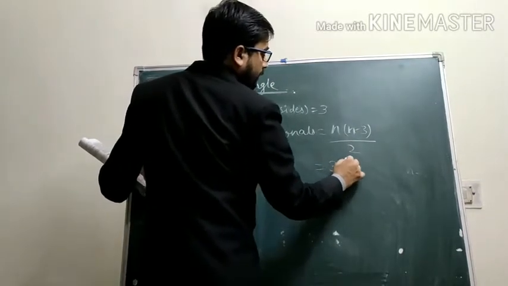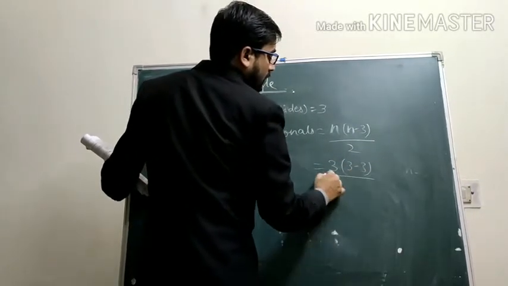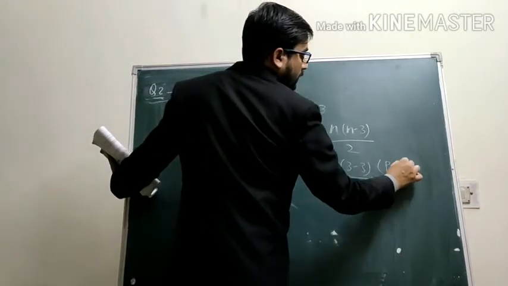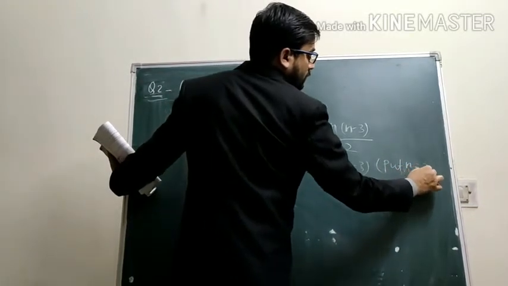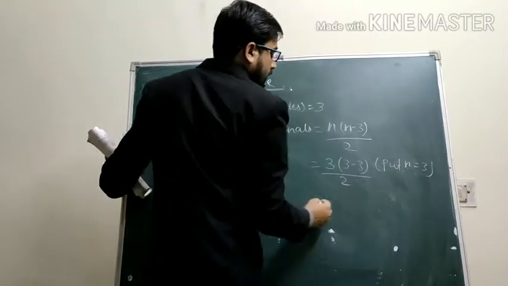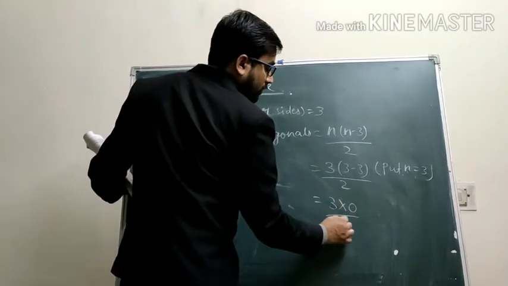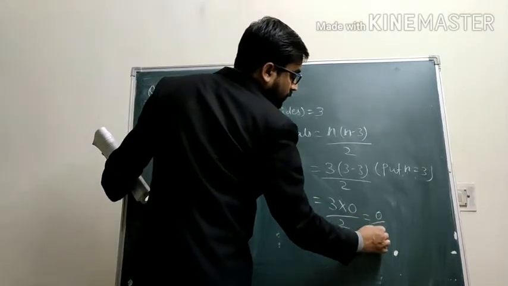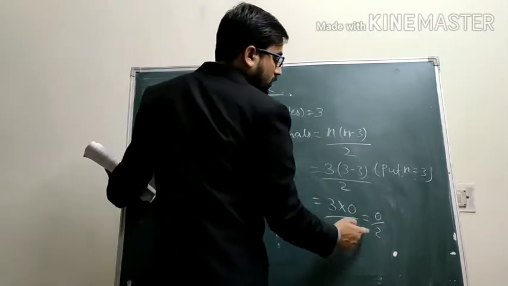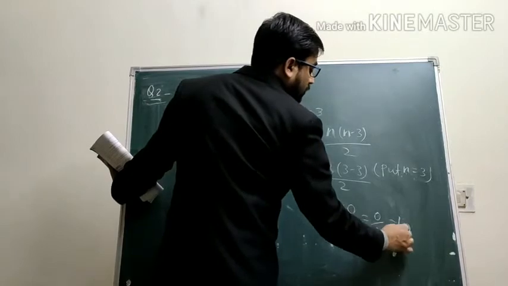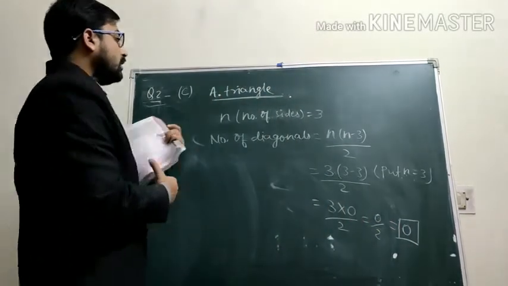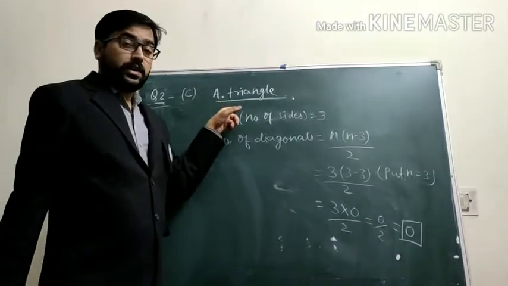Put n equals to 3. Now 3 into 3 minus 3 gives 0 upon 2, 3 into 0 gives 0, 0 upon 2 gives 0. As you know, there is no diagonal in triangle.